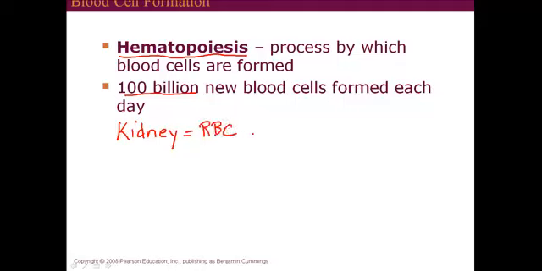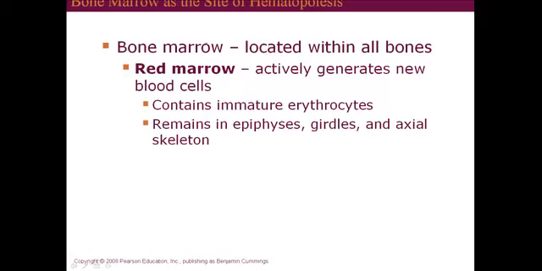If they detect that you have too few, they will notify your brain, and then your brain will send out a hormone called erythropoietin. That's monitored by the kidneys, and the signal will come back, and erythropoietin will be put into the blood, and that'll go to the bone marrow, and the bone marrow will release red blood cells.